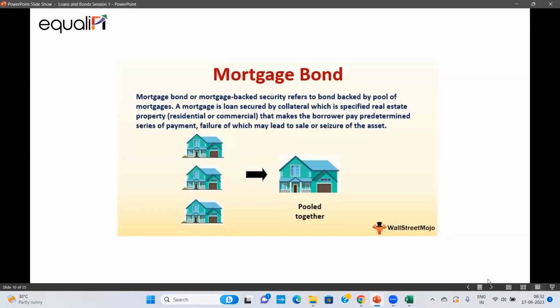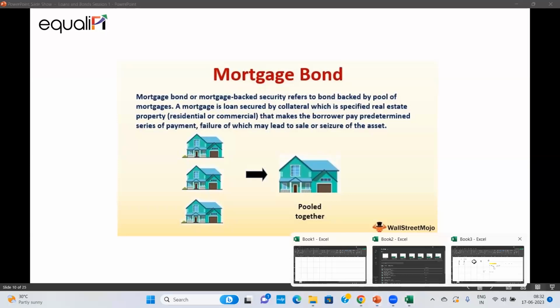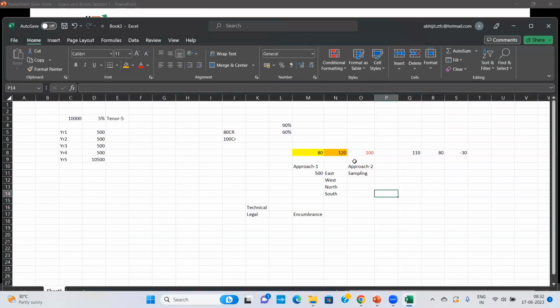Now, how to counter that risk? Countering that risk is obviously through trend analysis. So you see in the past how this company has issued bonds and how they have paid money to the bondholders, to the investors.